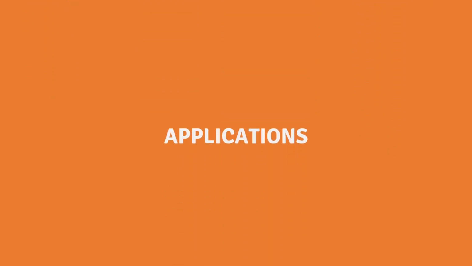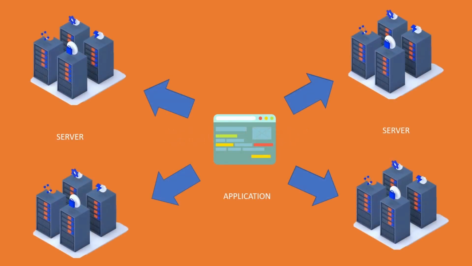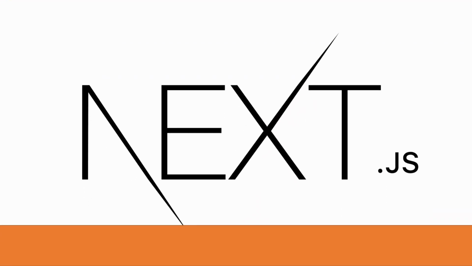In generic applications, we have to provide these servers to the application externally. Like this, the application will have external servers. To overcome this situation, we can use Next.js. In Next.js we don't need to use external servers.